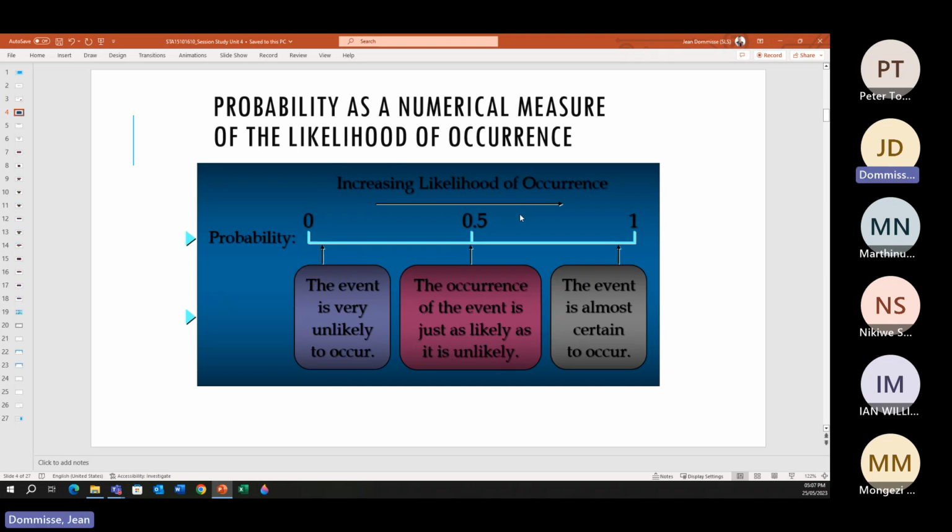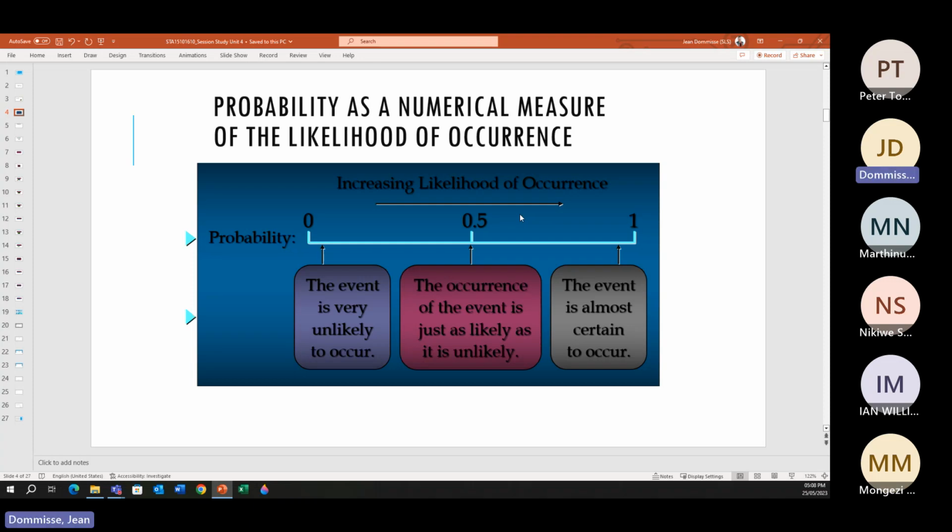When something is very unlikely to occur, it is closer to zero. When it is more likely to occur, it is closer to one. You can also put the probability in a percentage.